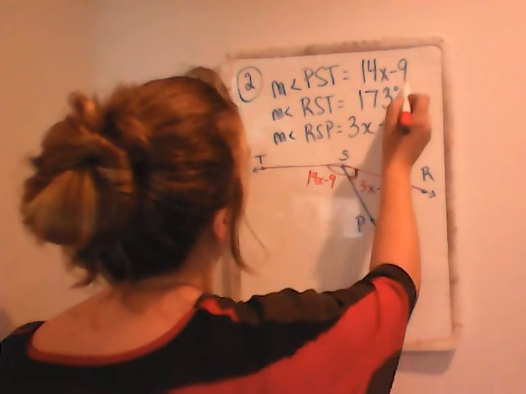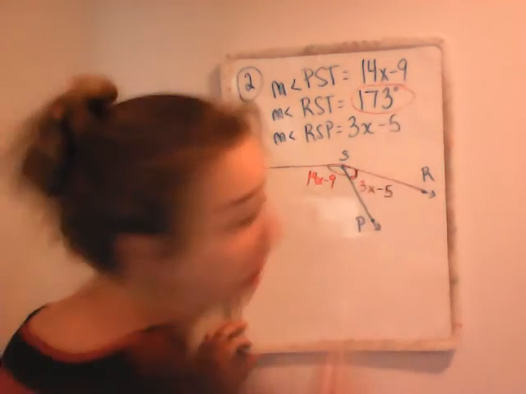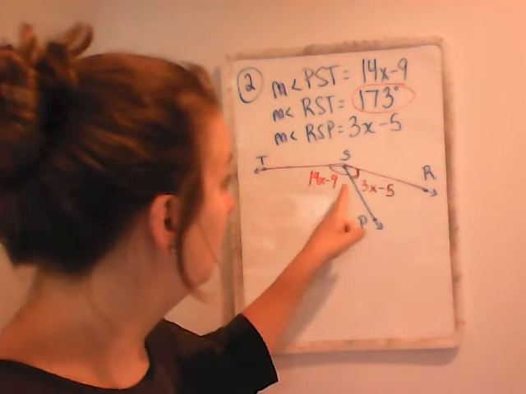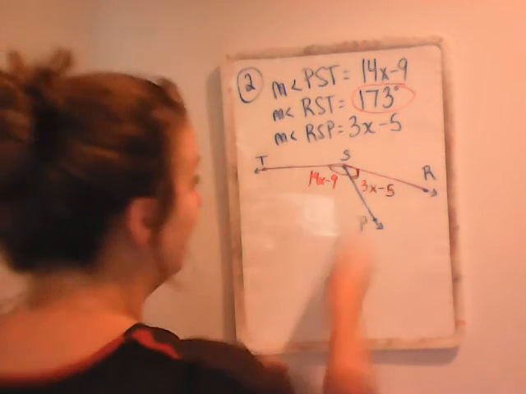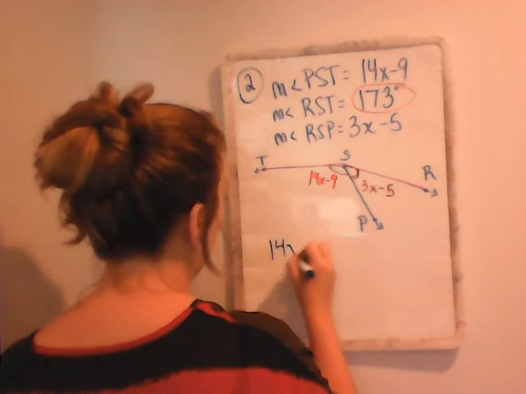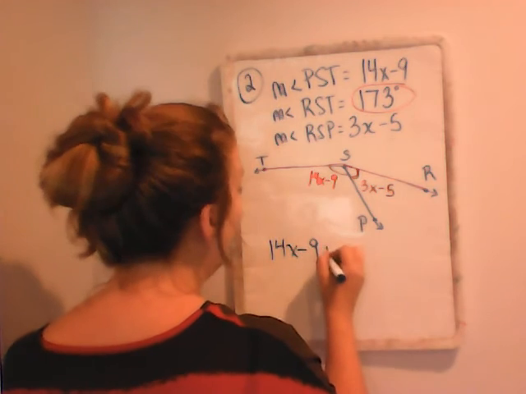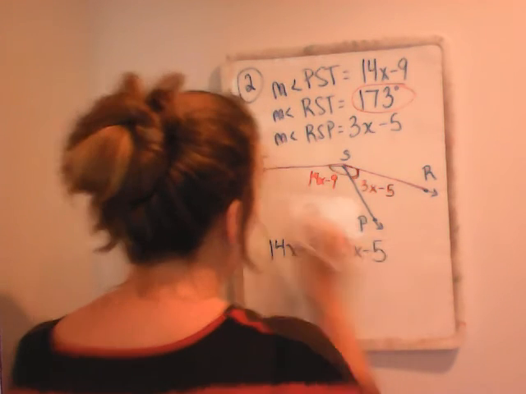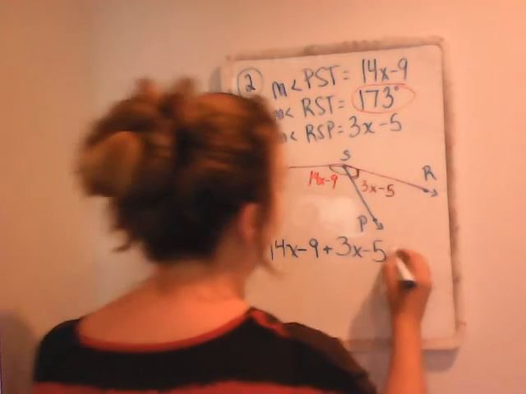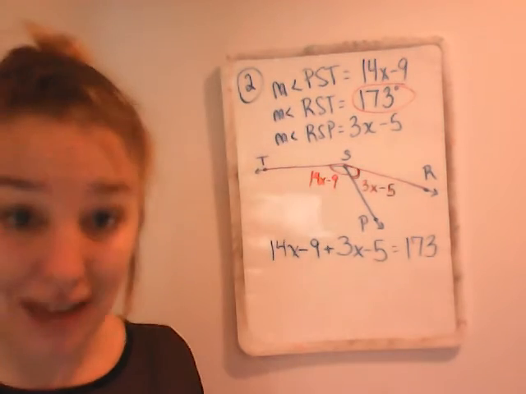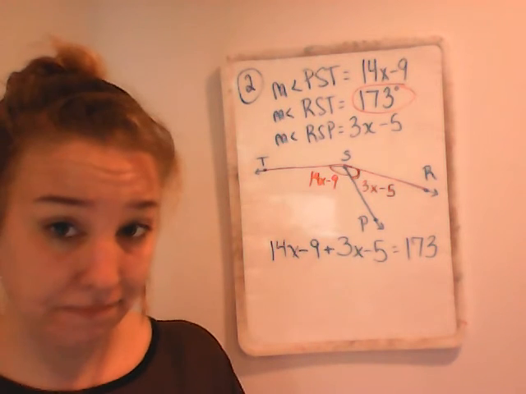And we know the whole thing is 173 degrees. So if this piece plus this piece equals the whole thing, and the whole thing is 173, this is how we set up our equation.